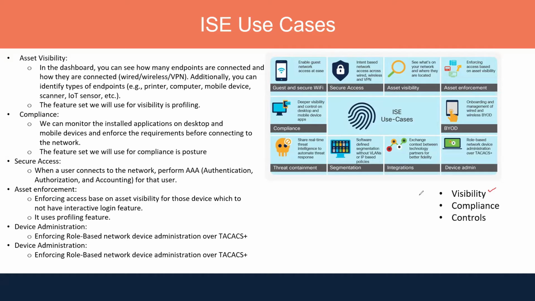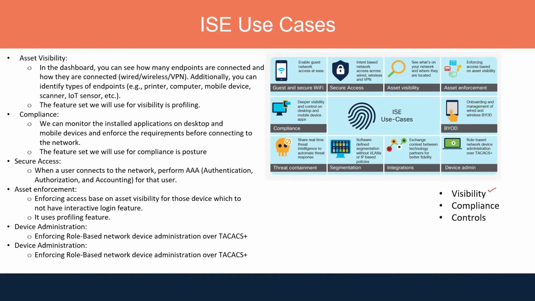Can you guess, we have these use cases, and which of these can we use for visibility? User activities, I think the visibility is for that. Yeah, let's understand. Correct, you are around that.